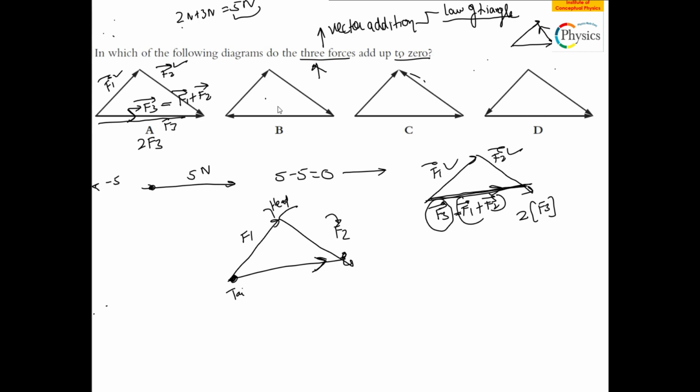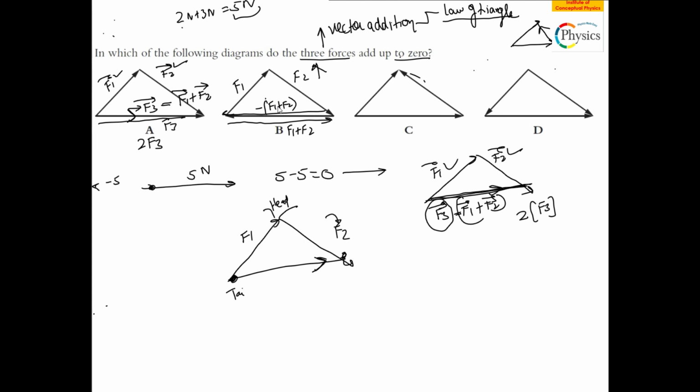Let's go to the second one. If this is your F1, this is your F2, the resultant of these two is going to be this. This looks close, right? Because if the resultant is F1 plus F2, the third force is opposite to this, exactly identical. So this is minus of F1 plus F2.